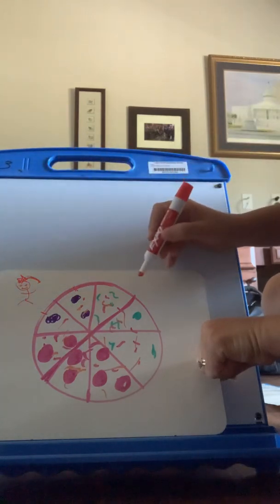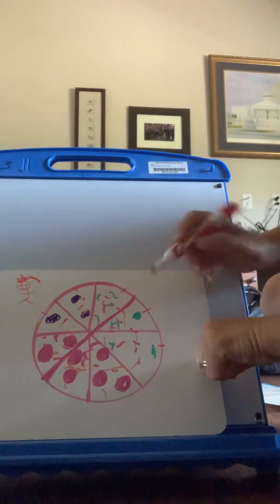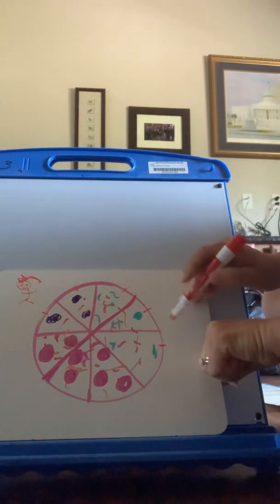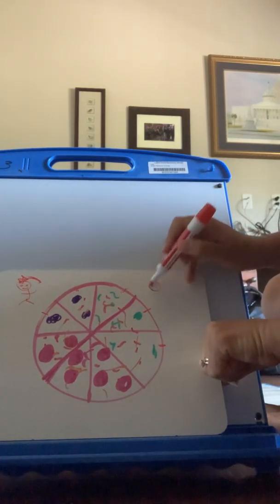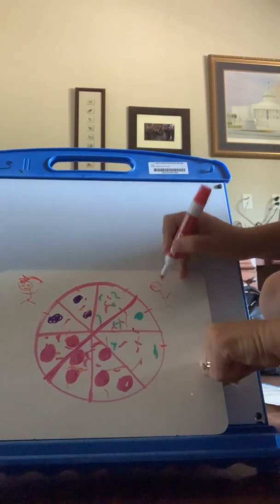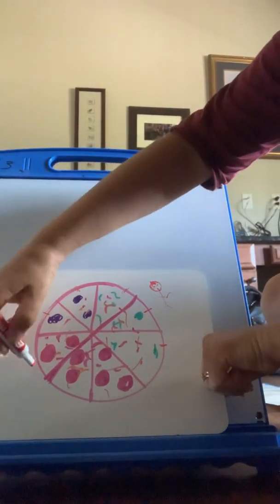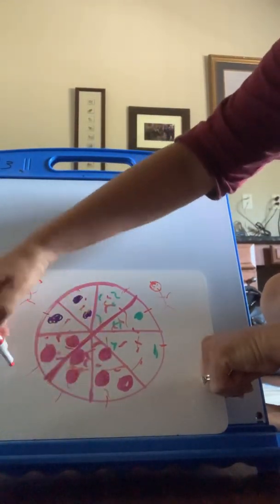And right here, Mr. Joe likes the peppers on his. You see the green peppers? So these pieces right here are for Mr. Joe with his peppers. He says, thanks, I like my peppers on my pizza. And Emma and I, we both like the pepperoni.